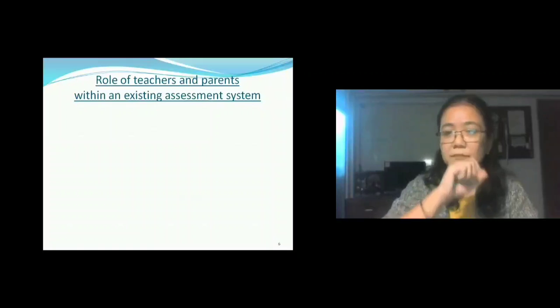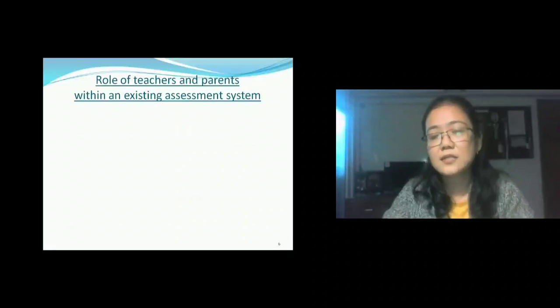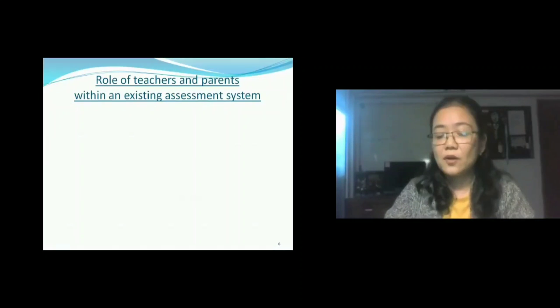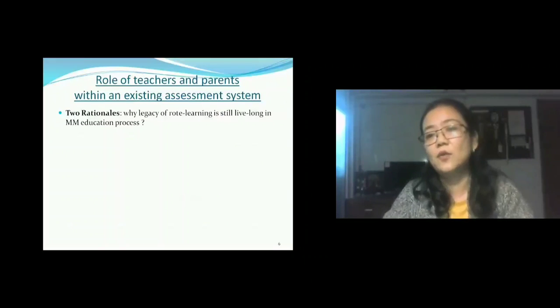These two areas intersect with another big fat reality, that is the existence of the legacy of rote learning or memorization. To be able to answer my question to myself, we have to be aware of the existence of these realities. So the two rationales: why in Myanmar the legacy of rote learning is still alive in our education process. So this is my rationale.